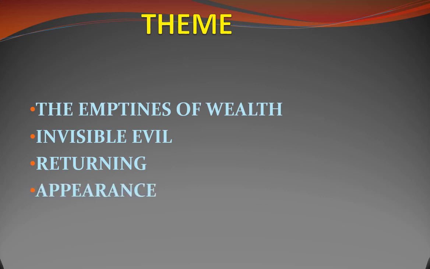The next theme is of appearance. At first, the letter with the sign of the four is thought to be of no importance by Mary, and she brings it along to give to Sherlock almost on a whim. The letter appears to have little to no significance until it becomes the key to solving the case.